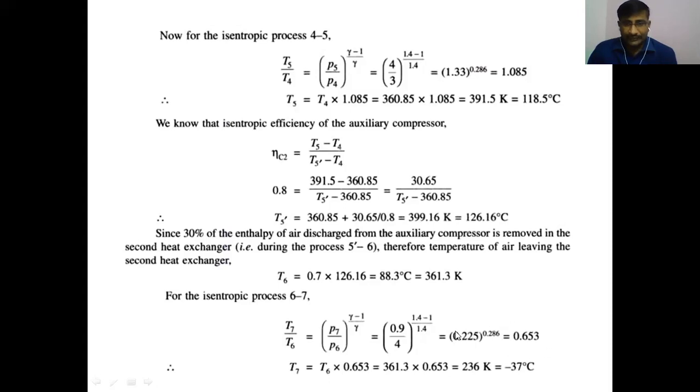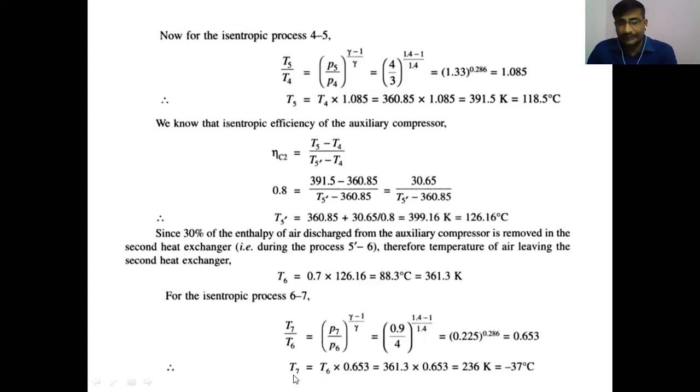After getting the ratio across the turbine, T7 by T6 equals 0.653, T7 is equal to T6 into 0.653. T6 value is 361.3 kelvins into 0.653. Then we will get the temperature after isentropic expansion as 236 kelvins, otherwise minus 37 degrees centigrade. It will be reduced to below 0 degrees centigrade. The air temperature is below 0 degrees centigrade after expansion.